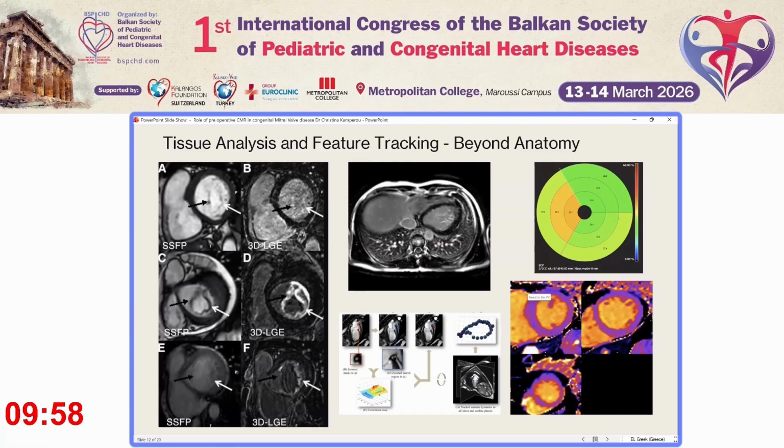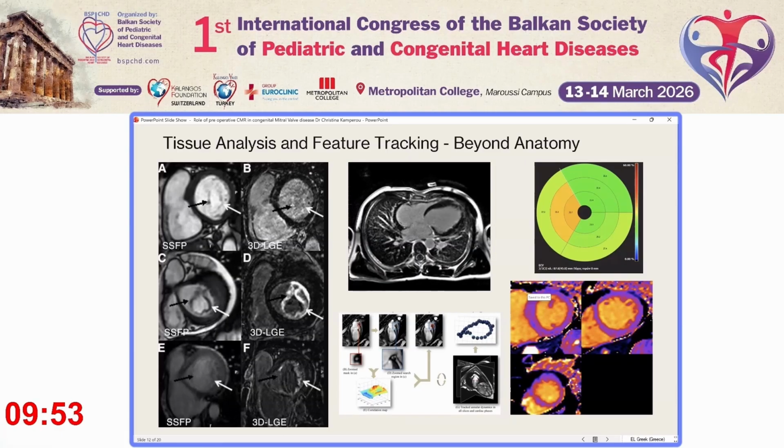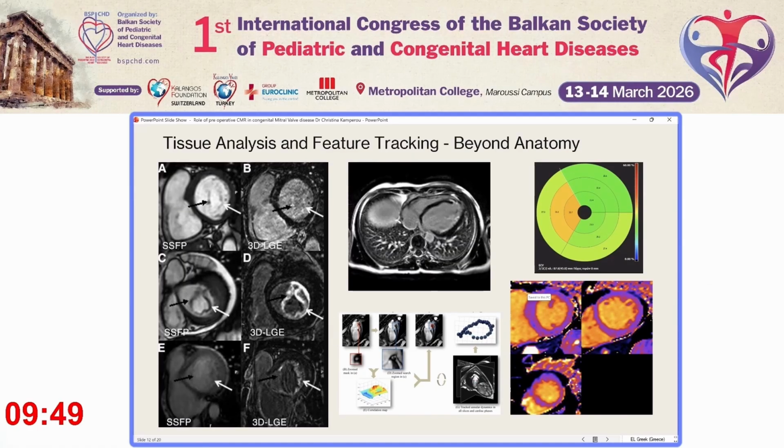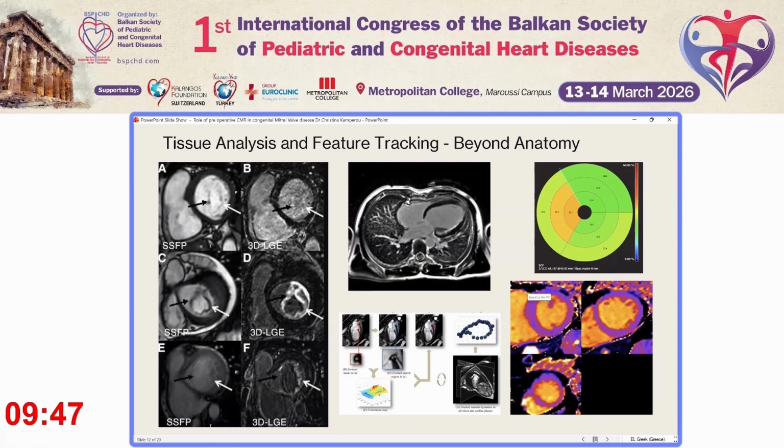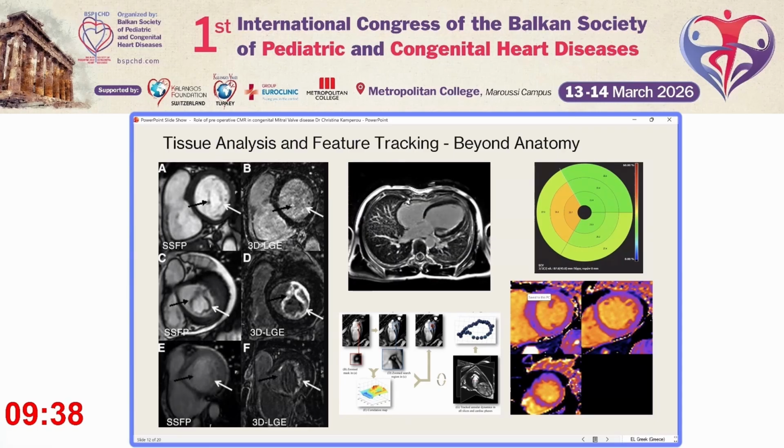Beyond simply defining anatomy, CMR provides insight into the biological state of the myocardium using techniques such as late gadolinium enhancement. We can detect fibrosis not only within the ventricular myocardium, but also involving the papillary muscles and the subvalvular apparatus.